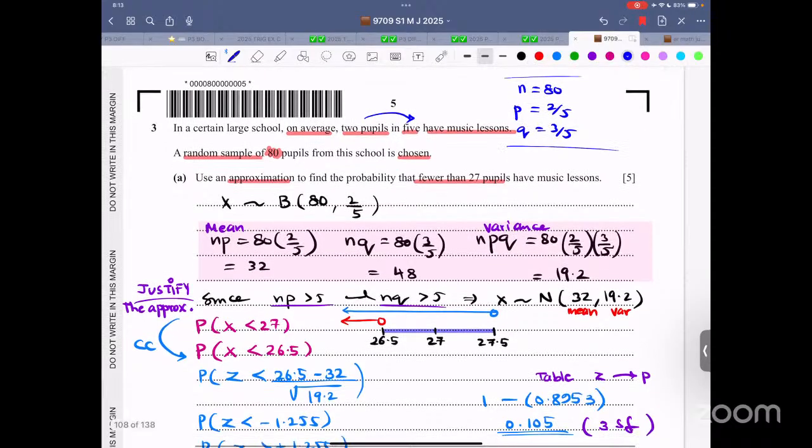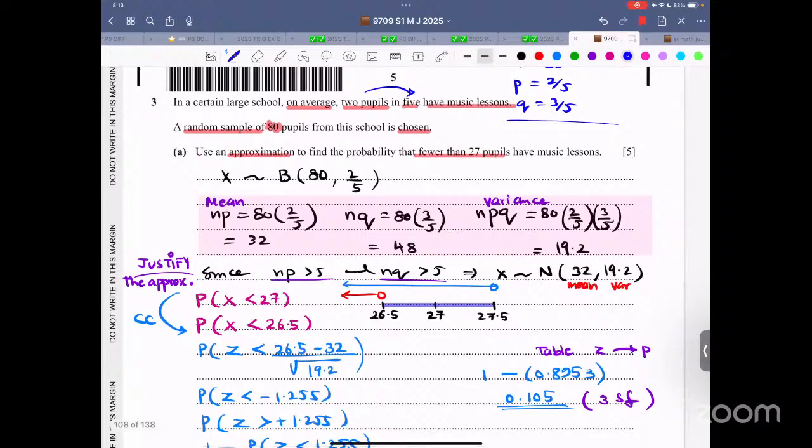So you have to calculate 3 things. The first thing that you need to calculate is NP, that comes out to be 32. We calculate NPQ, that comes out to be 19.2. So NP is mean. NPQ is variance.